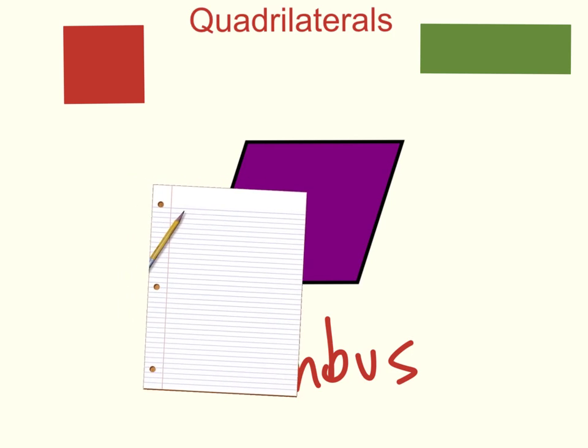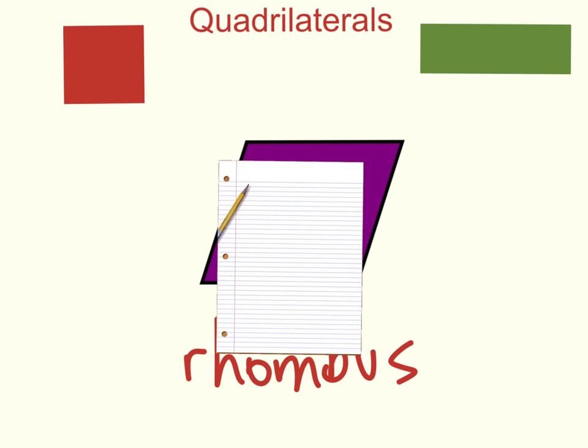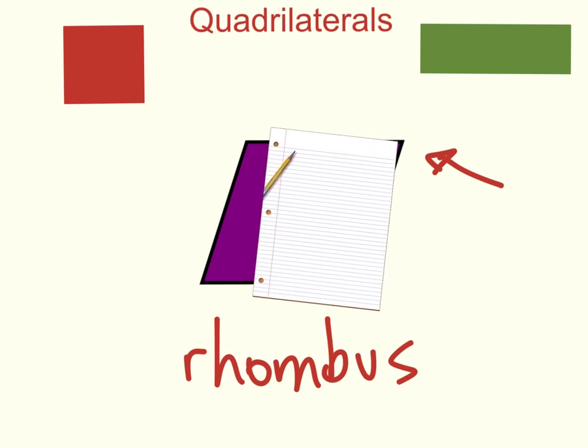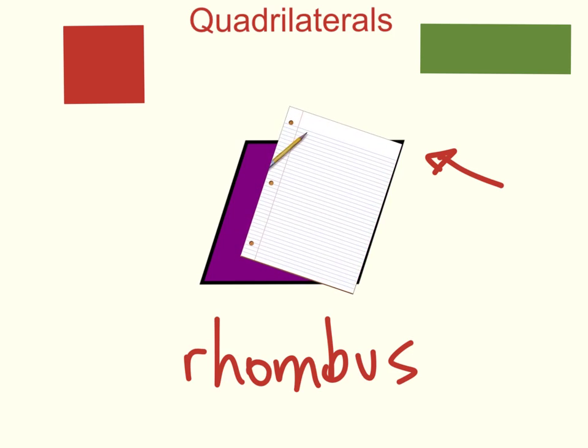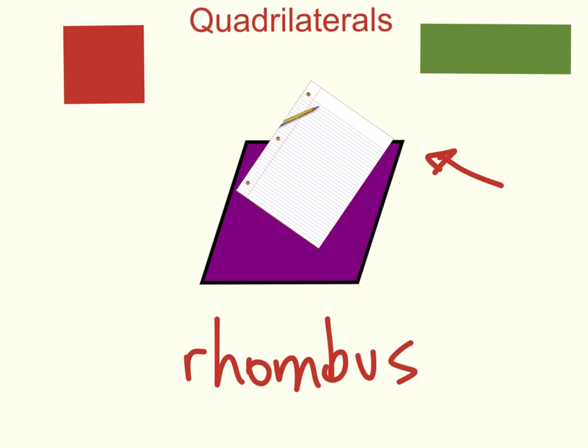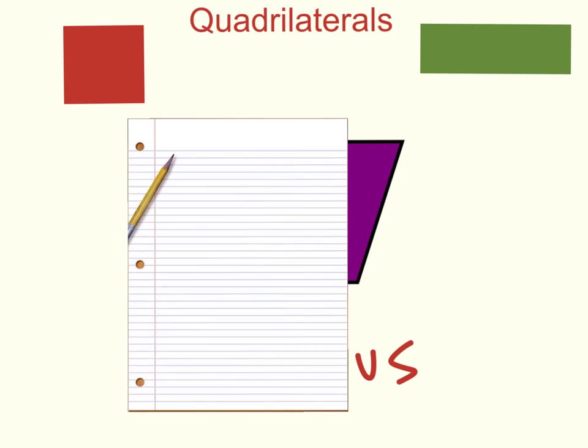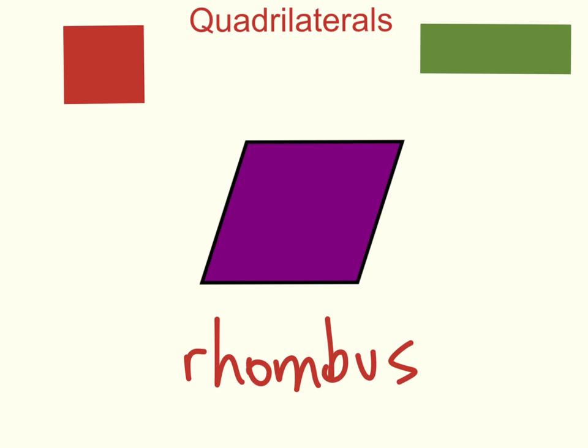So I'll take this piece of paper and try to stick it into this square right there. And if I do, oh, that doesn't line up very nice. What if I turn it this way? No, it doesn't line up nicely, does it? So the rhombus does not have perpendicular sides.